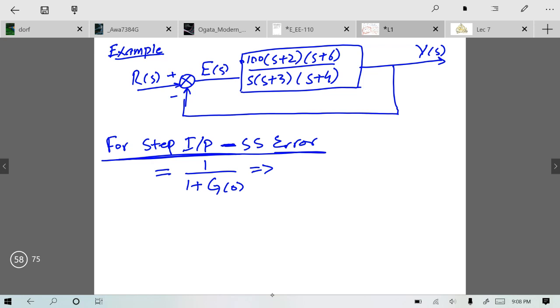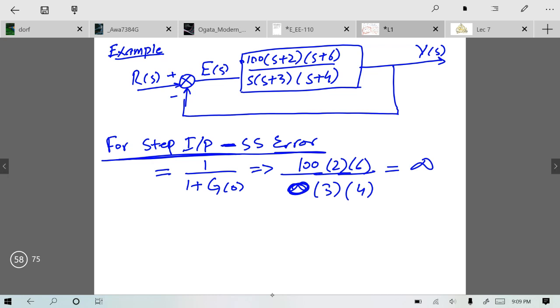This term will become 0 plus 2, 2. This term will become 0 plus 6, 6. Due to this s in the denominator, everything will become infinity. Basically, it would be 100 into 2 into 6 divided by 0 into 3 into 4, which is obviously infinity.